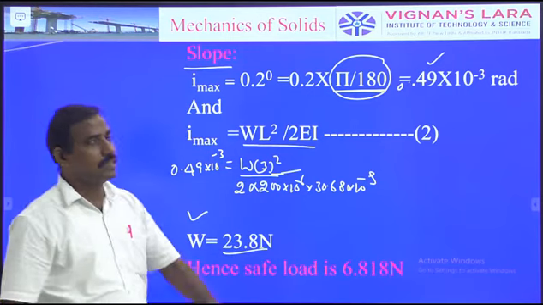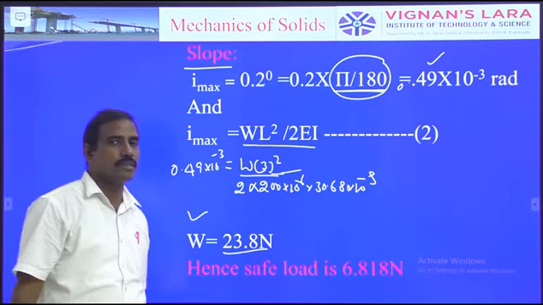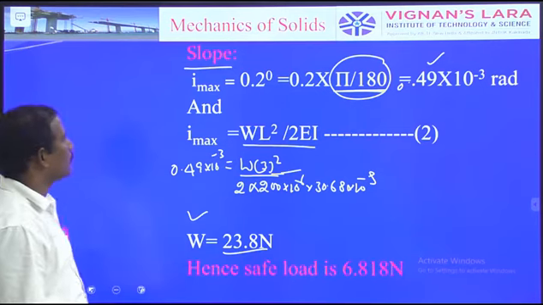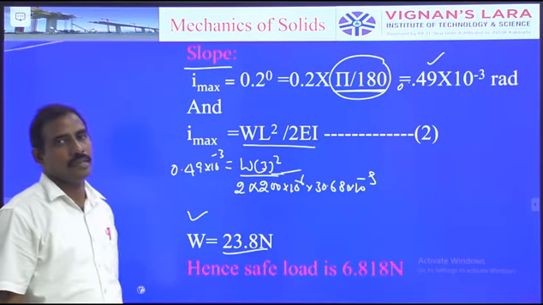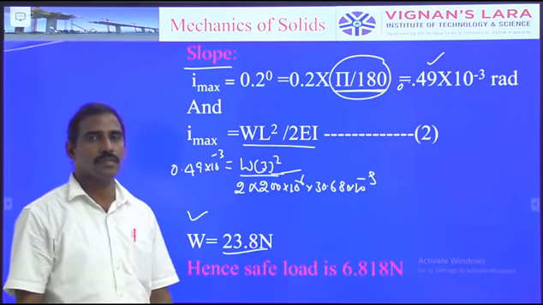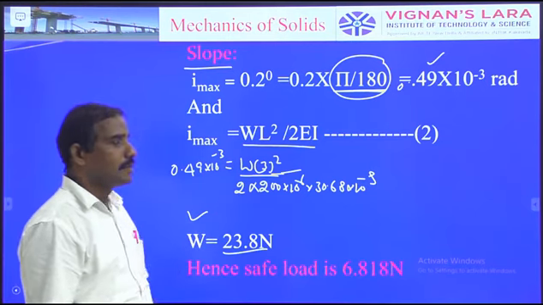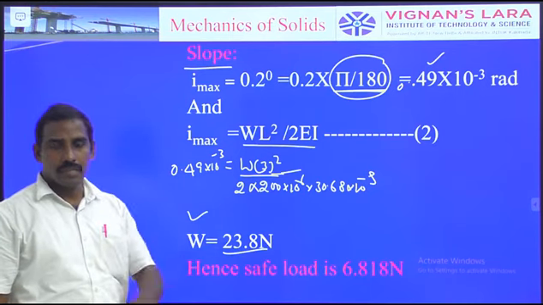Today we covered one numerical problem on the deflection of a cantilever beam subjected to a point load W at the free end. Initially we have to concentrate on two parameters. One is the formulation of the bending moment equation Mx.